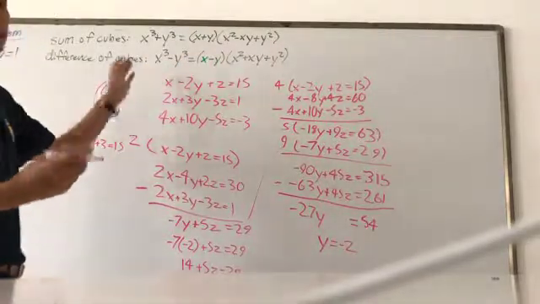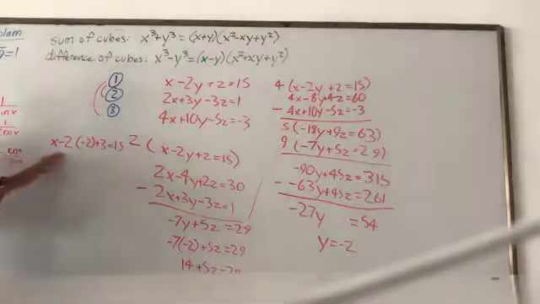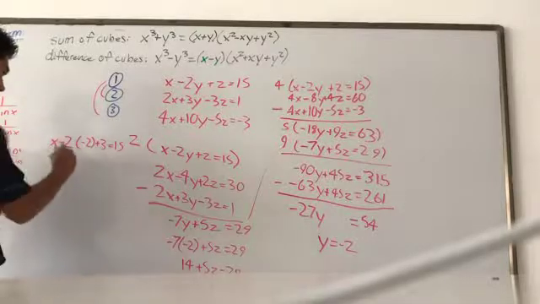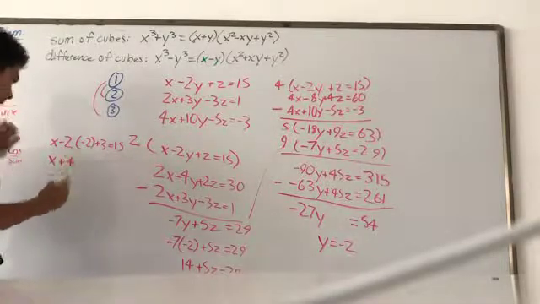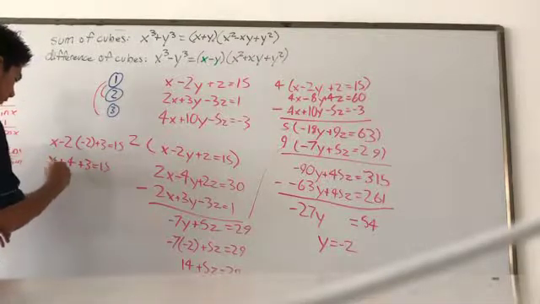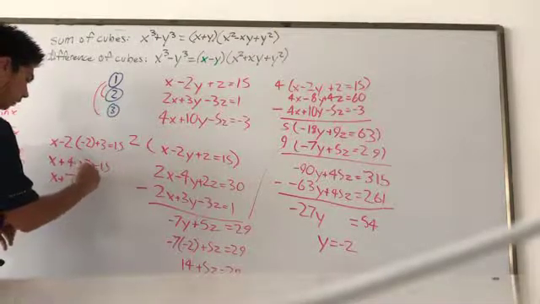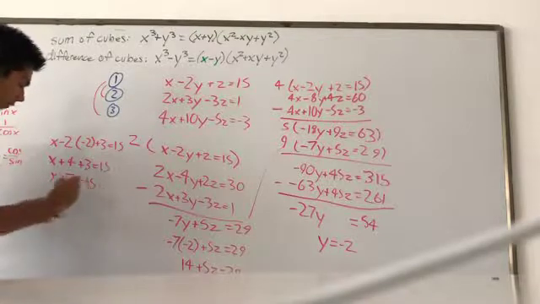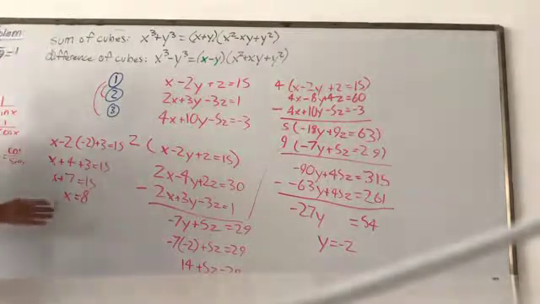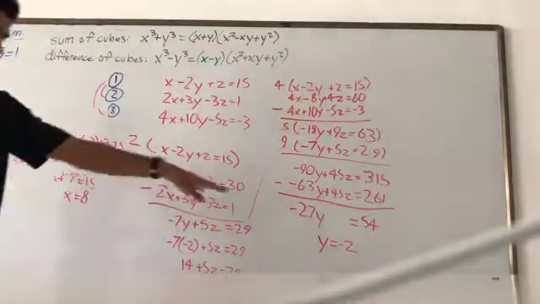This one looks the easiest to me. So we're going to simplify. A negative 2 times negative 2 is going to be a positive 4. And then I have a plus 3 equals 15. Simplify that, x plus 7 equals 15. If I subtract 7 from both sides to get x by itself, I end up with x equals 8. So now I've solved for all three variables.